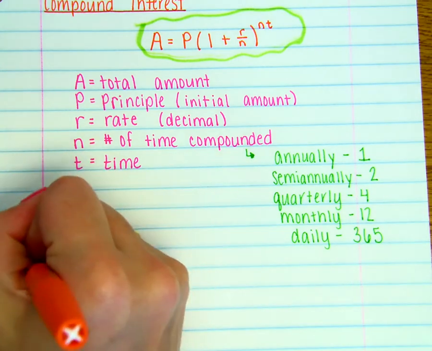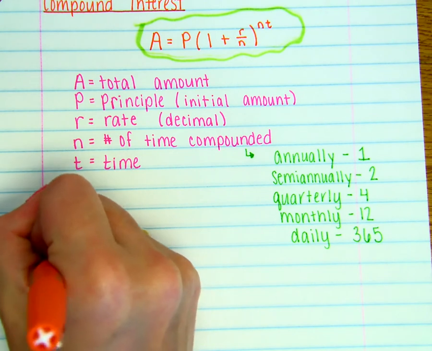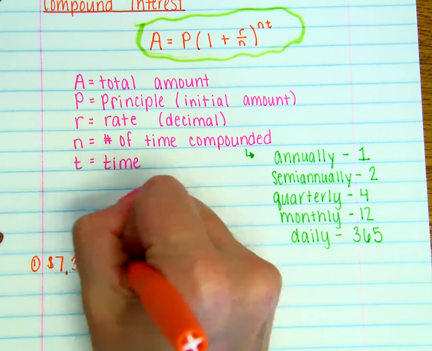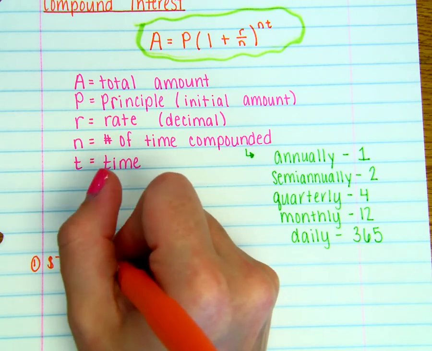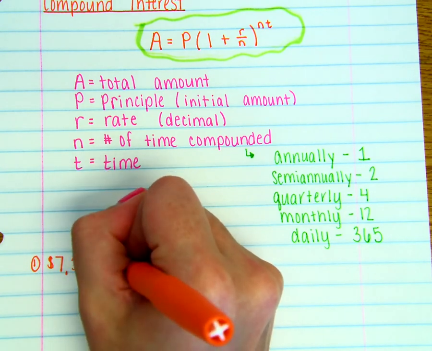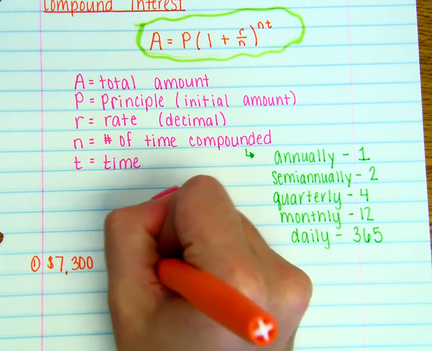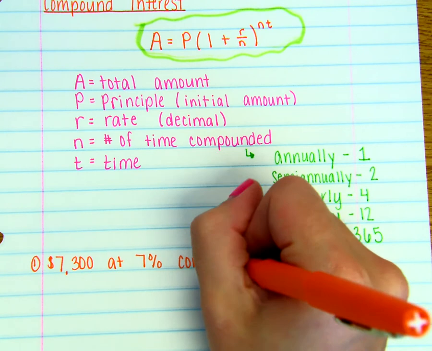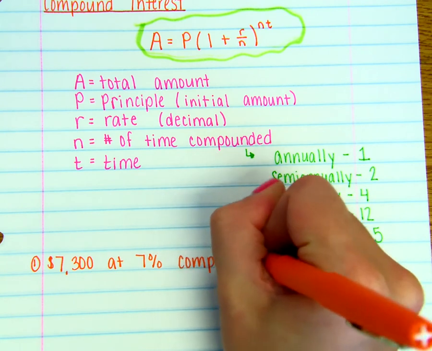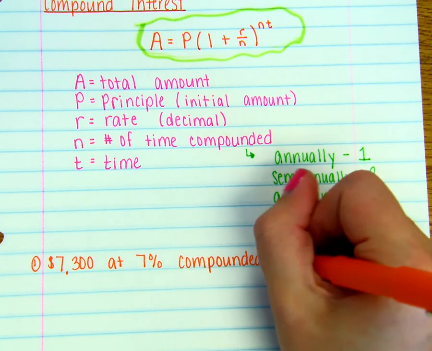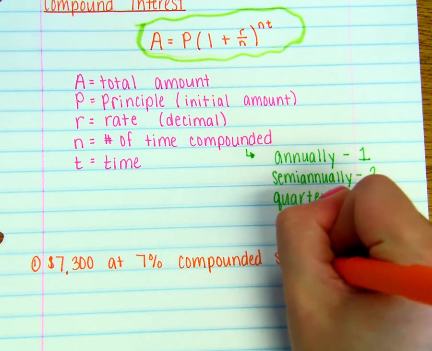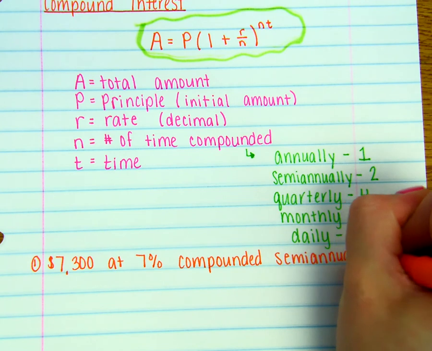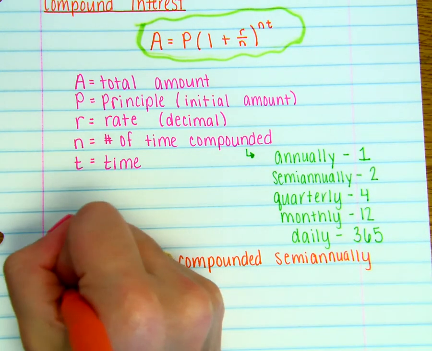So let's look at our first question. We have $7,300 at 7% compounded semi-annually for 3 years.